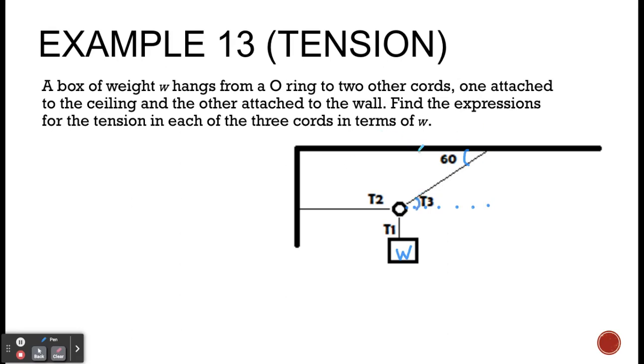If you remember back to geometry, these 2 angles here make that Z formation, so you have alternate interior angles. So if this angle is 60, this angle is 60 degrees. Okay, and T2 is completely horizontal. It's at a 180 degree angle. Cosine of 180 degrees, you'll get -1, which just tells us that this force over here is negative.